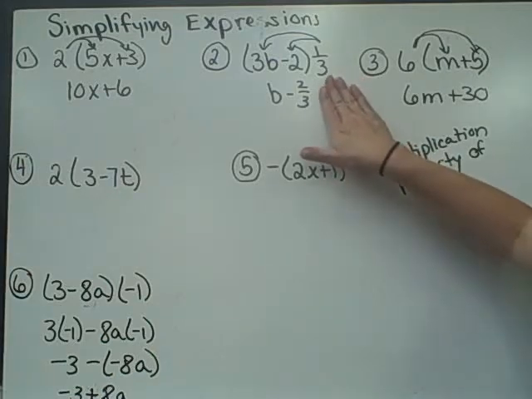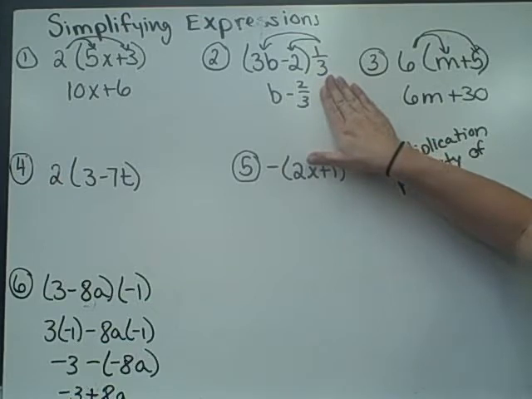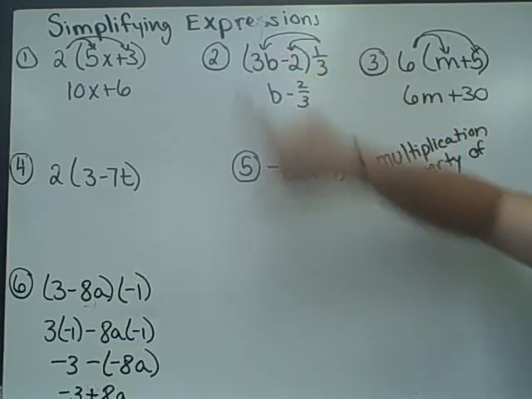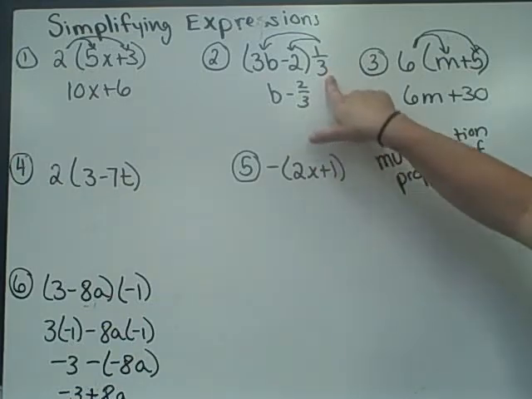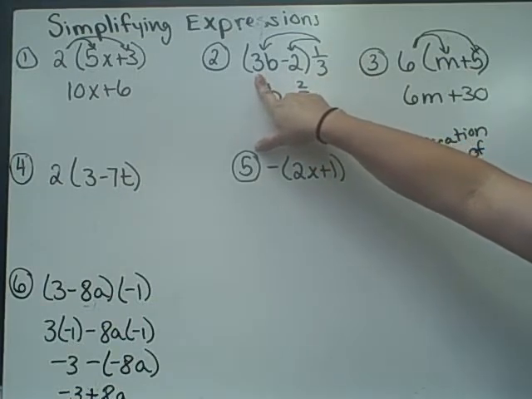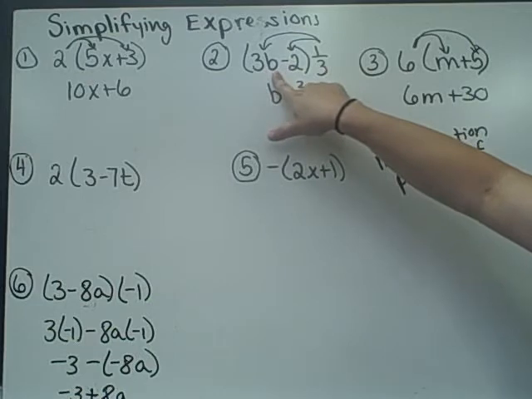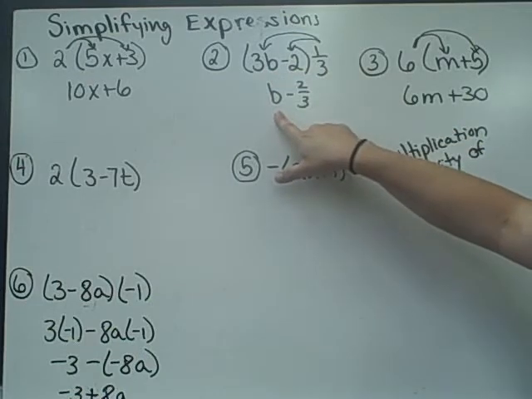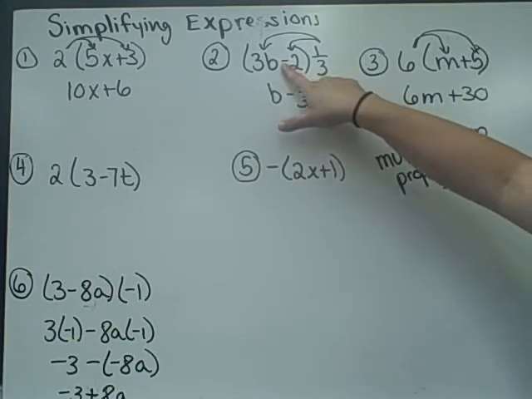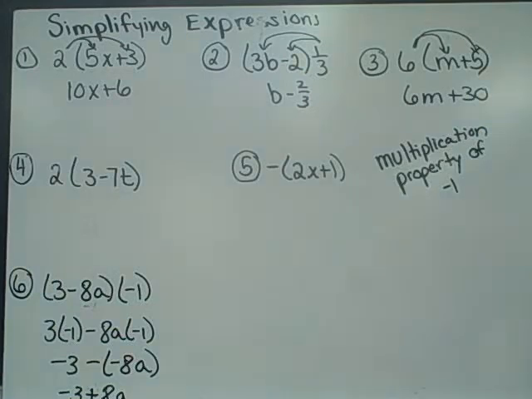If I had the number being multiplied, or the factor, on the other side of the parentheses, it's okay. We're still going to distribute it in. 1/3 times 3b is just 1b or b, okay? And then you have -2 times 1/3.